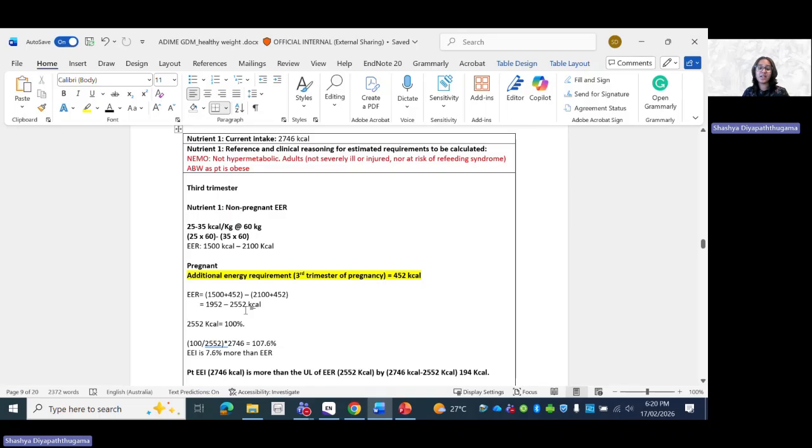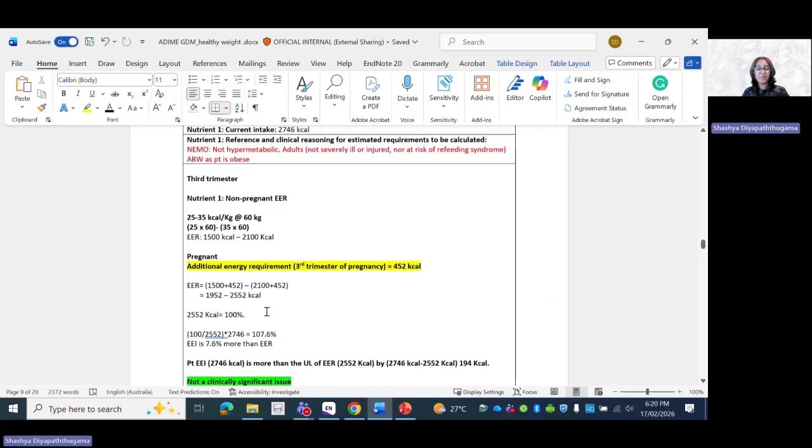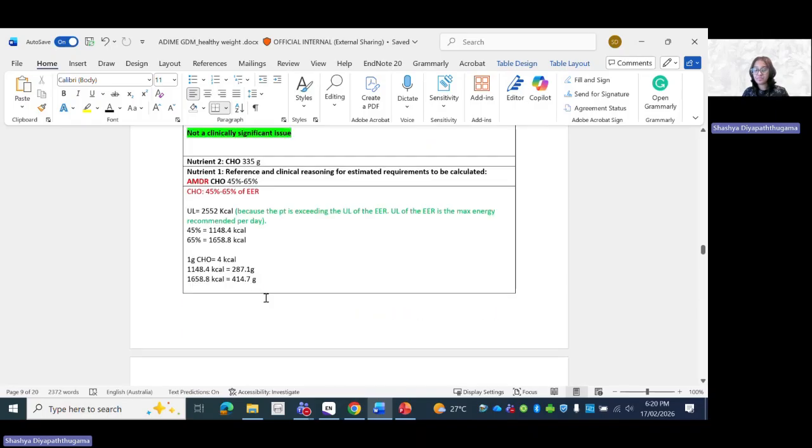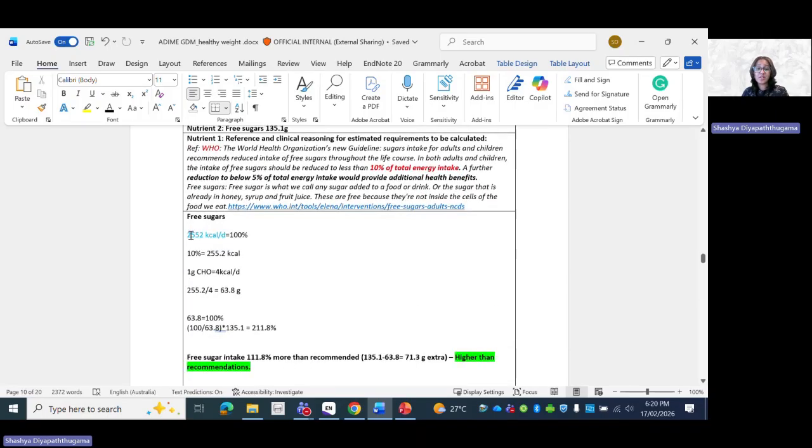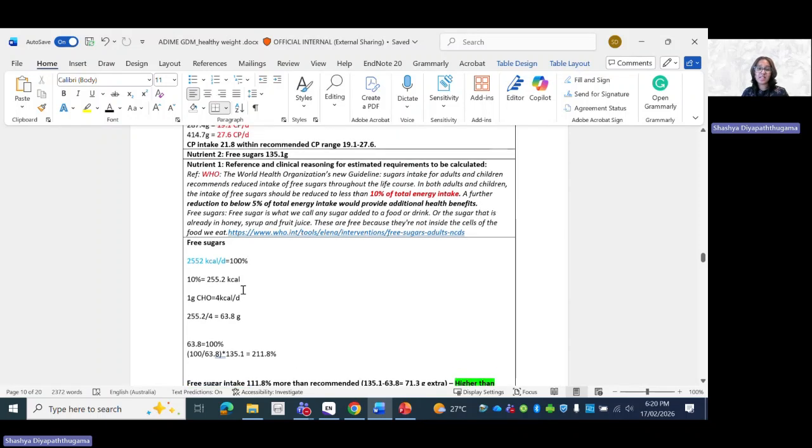So we always use the higher upper level of the requirement, the recommendation, for the calculations. So the recommended upper level is 2,552. We take it as 100%. So 10% is 255.2 kilocalories. So this is 10% of the energy intake in kilocalories.